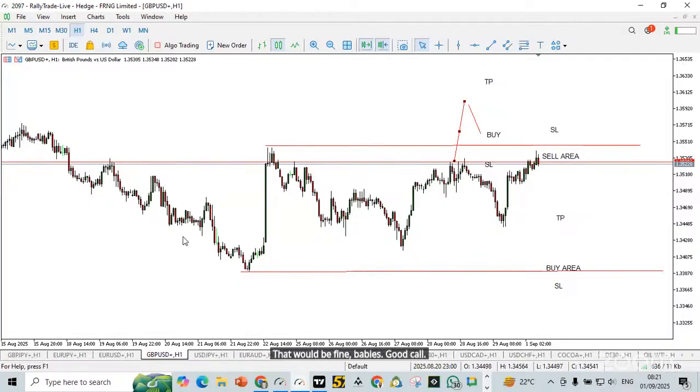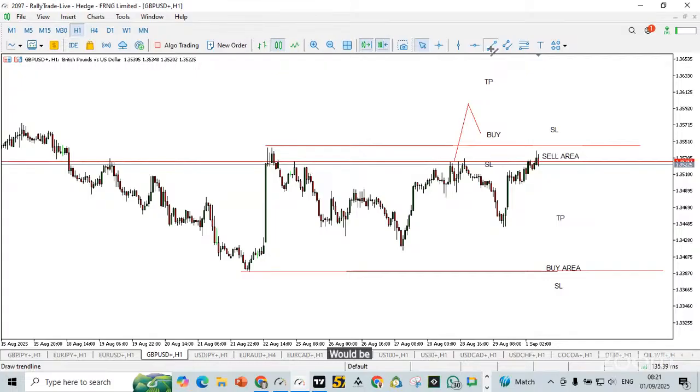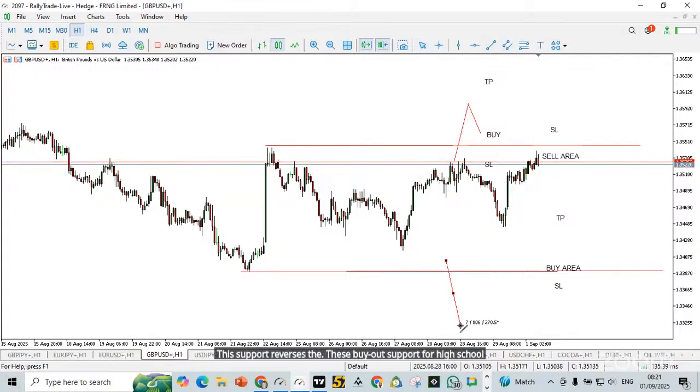Meaning that if I sell this area and the trade happens to go against me, my re-entry plan for a buy is the breakout and the retest at resistance. That is the re-entry criteria anytime you sell at resistance and the trade goes to your SL. For the support, the reverse is the case. You buy at support and price goes down and breaks the support.